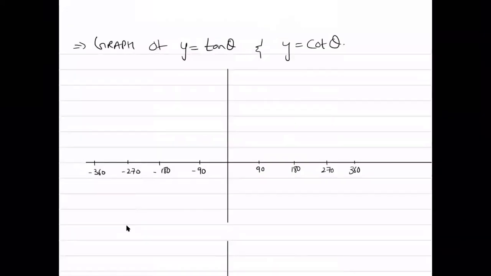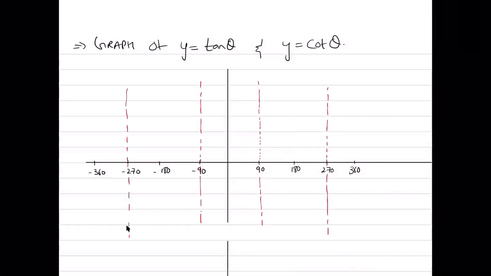If you recall the graph of tan theta, you would recall that tan theta already has an asymptote because tan 90 is undefined. Tan of minus 90 is also undefined. Then the next asymptote is drawn at 270 degree and minus 270 degree.